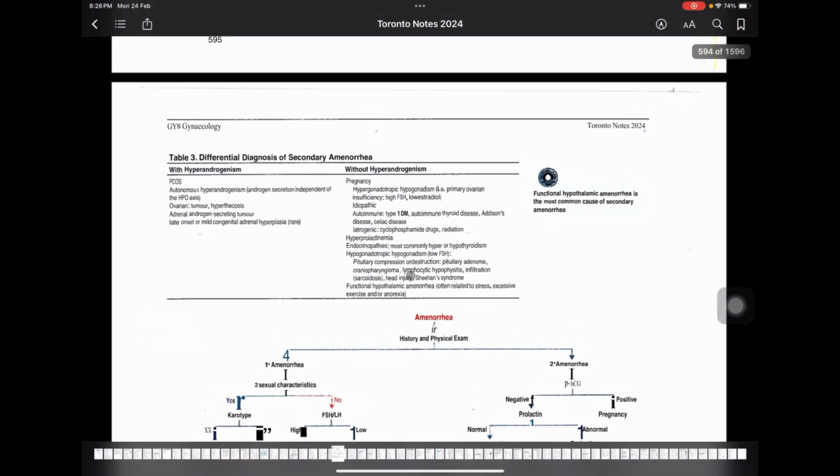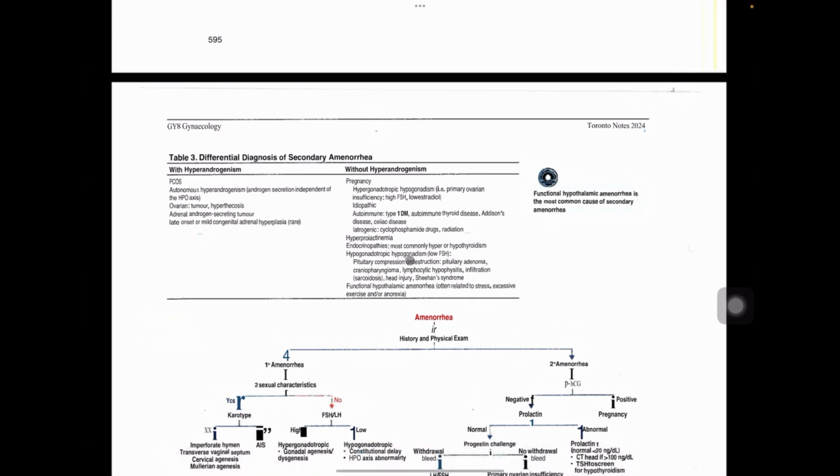Idiopathic, autoimmune like type 1 diabetes mellitus, autoimmune thyroid problems, Addison's disease, hyperprolactinemia, endocrine, most commonly hyper or hypothyroidism, hypogonadotrophic hypogonadism, low FSH, pituitary compression due to pituitary adenoma, craniopharyngiomas, lymphocytic hypophysitis, infiltration, sarcoidosis, head injury, Sheehan syndrome. So these are all secondary causes. Secondary to all these problems, it could lead to lack of periods.